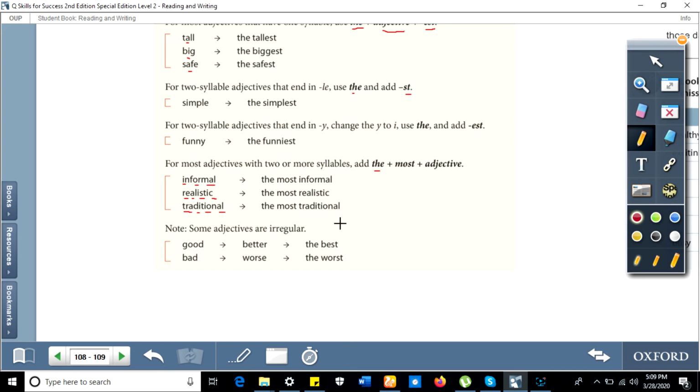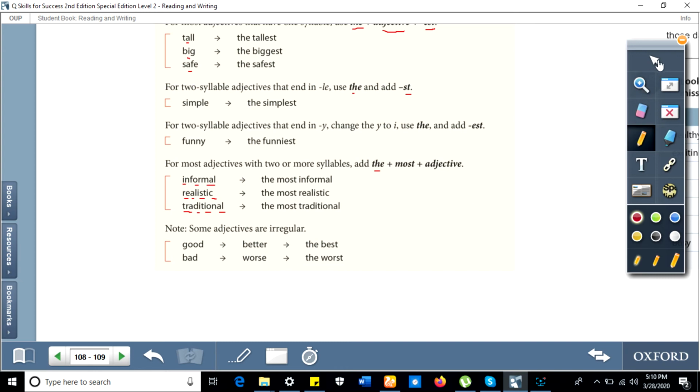The next topic is that some adjectives are irregular, for example, good and bad. Good becomes better, this is the comparative form, and the best is the superlative form of the adjective. Bad becomes worse, comparative, and the worst is the superlative.